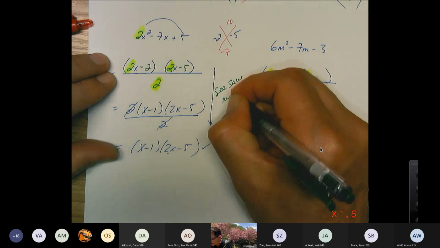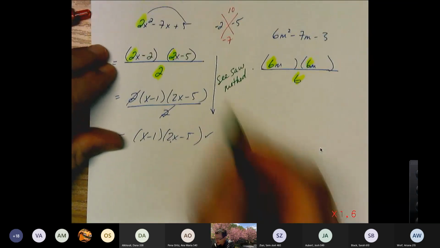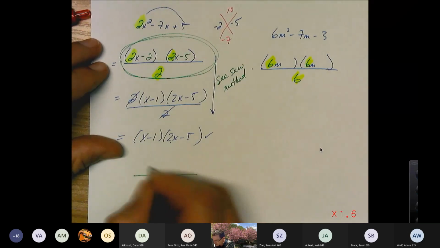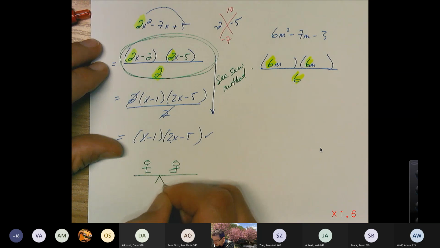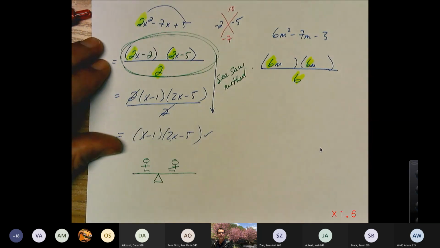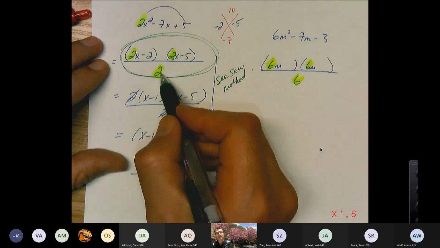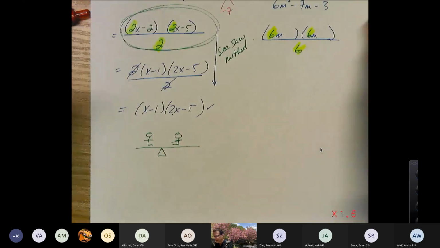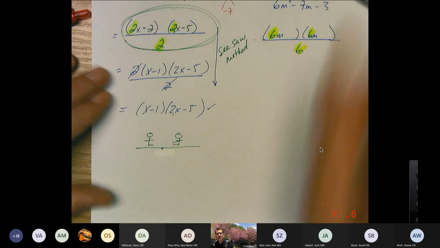This is the seesaw method. And it's called the seesaw method because it kind of looks right here like two kids sitting on a seesaw. It kind of does. Now, what most people do wrong on the seesaw is they forget to put the 2 on the bottom or the 6 on the bottom, which means if you forget this 2 on the bottom or the 6 on the bottom, you don't have a seesaw anymore.